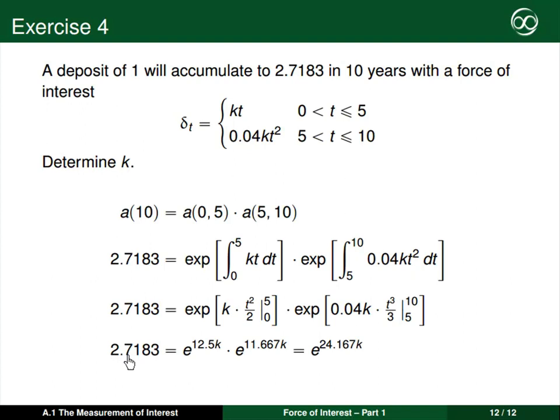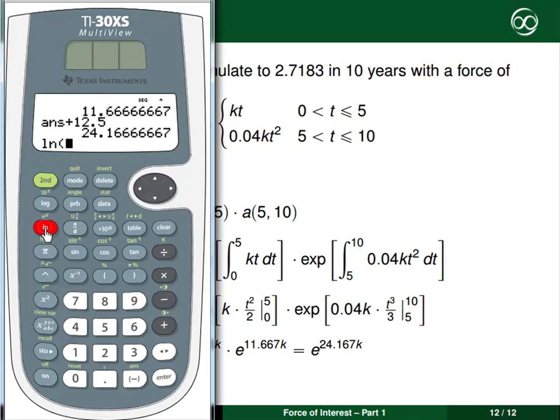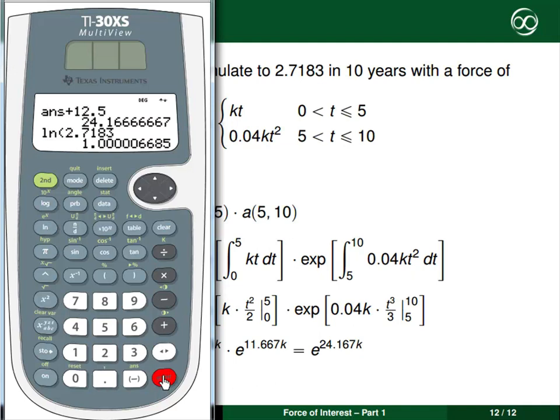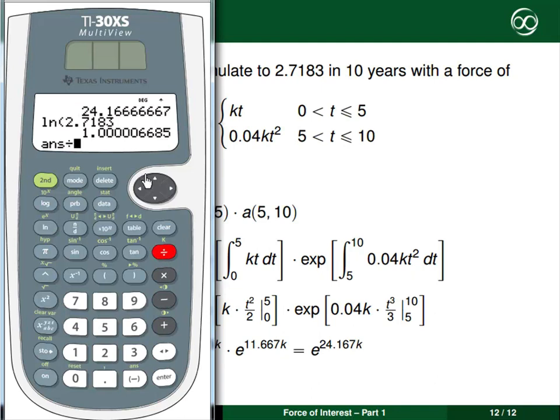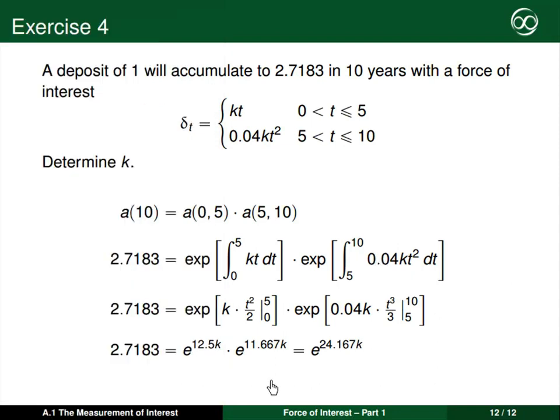So the natural log of 2.7183 will be equal to 24.167k. I'm just going to take that and divide it by the coefficient, and that will give me k. So k is 0.0414.